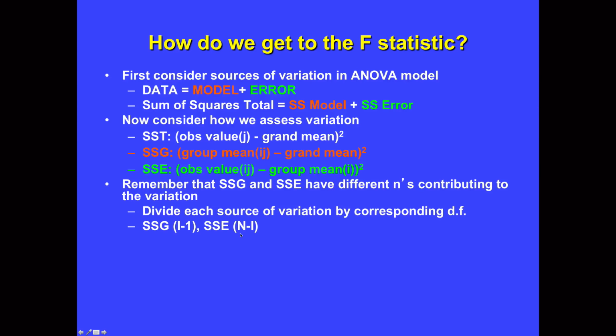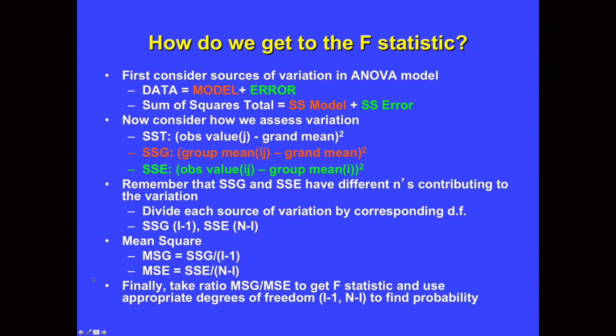And the sum of squared errors has degrees of freedom n minus I, which is simply the total sample size minus the number of groups. And then you calculate a mean square. The mean square group is simply the sum of squares group divided by its degrees of freedom, and the mean square error is the sum of squares error divided by its degrees of freedom.